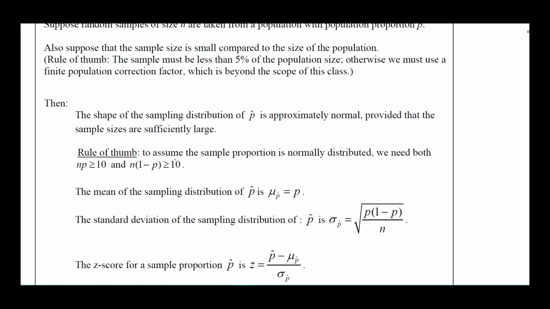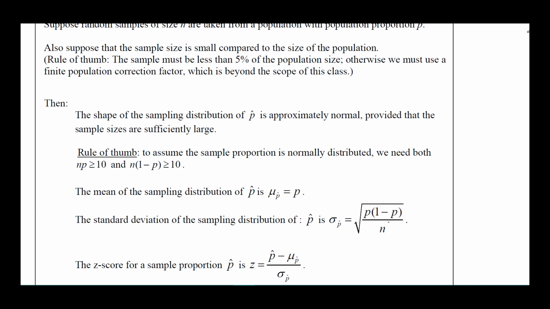Okay, so the mean of the sampling distribution, the mean of all the possible sample proportions, mu of p hat, turns out to be p. It ends up not being biased in one direction or the other, so you just end up with p. The standard deviation: it's not surprising there should be a square root, right? Because everything else we've done with the standard deviation has involved the square root. So we're going to take p times 1 minus p.